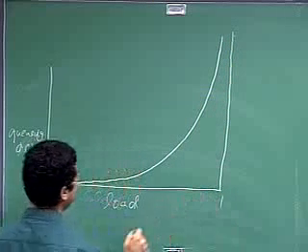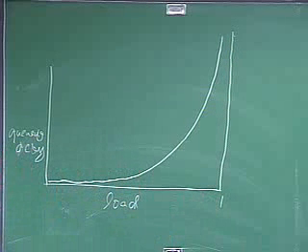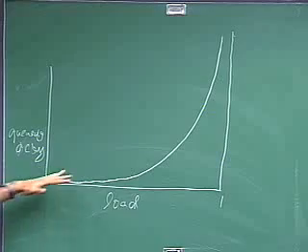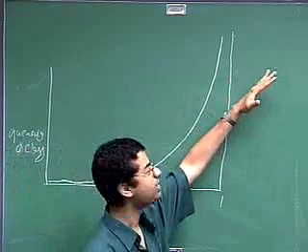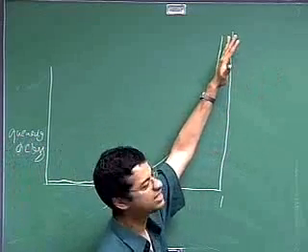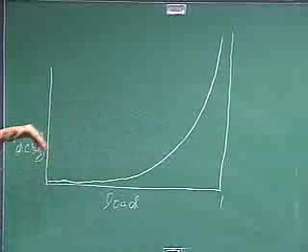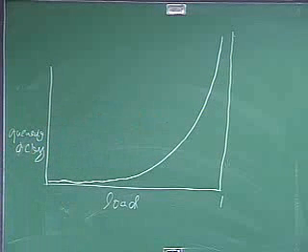As the load goes to 1, the queuing delay blows up to infinity. But in reality, in no physical system can you have an infinite queuing delay. What this is showing is how many packets you can expect will be waiting at the buffer, at the router.